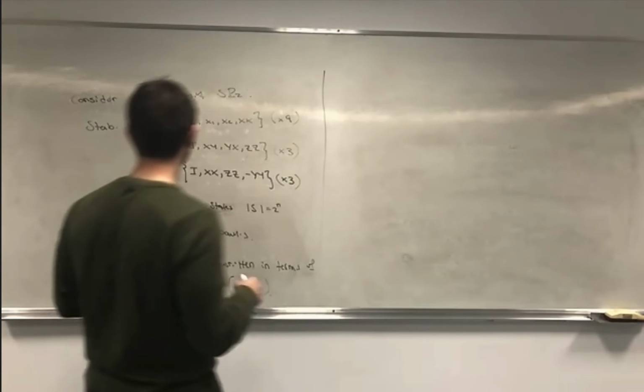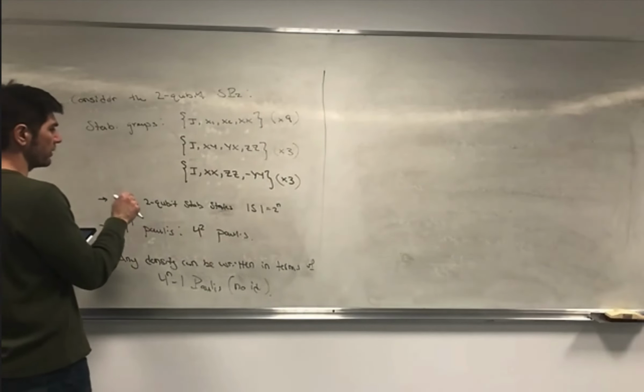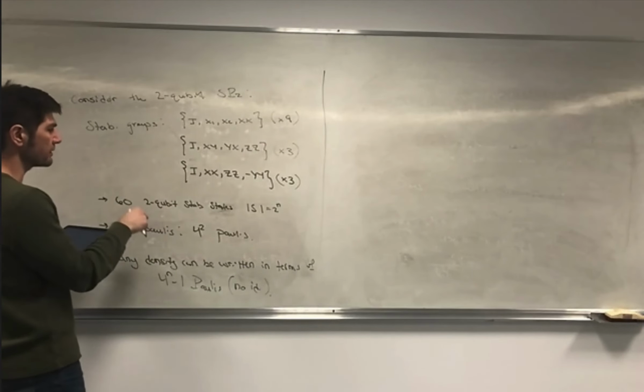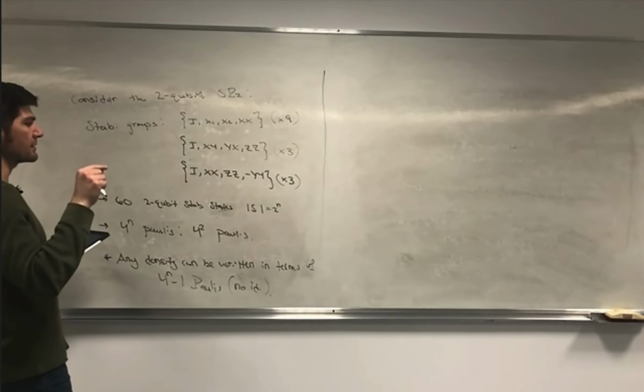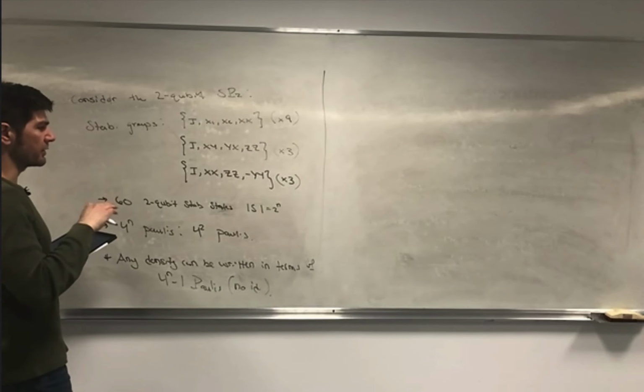So how do we form this stabilizer polytope? Well, we have 60 states, just like we did for the single qubit case. You had, in that case, 6 stabilizer states, and you took the convex hull.